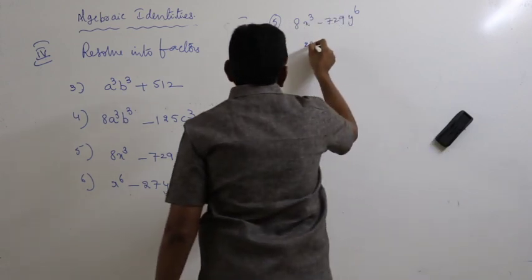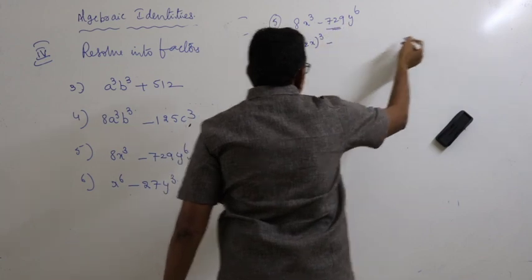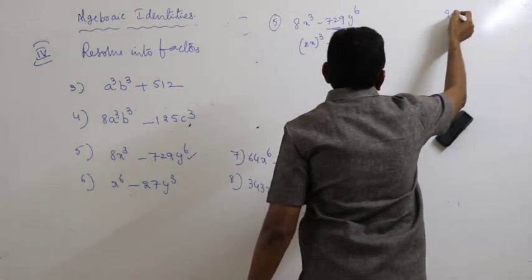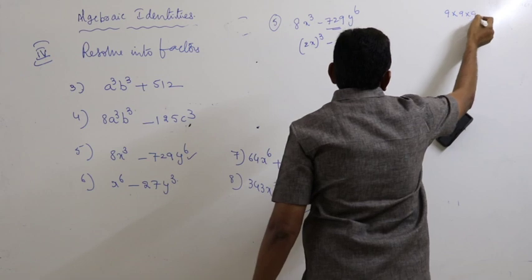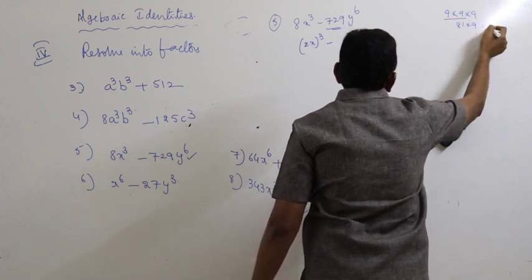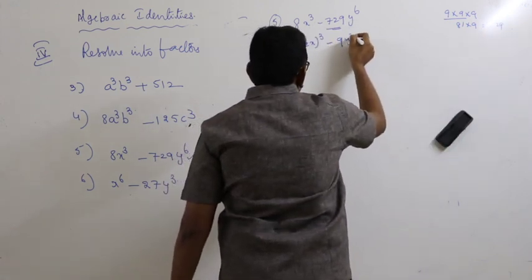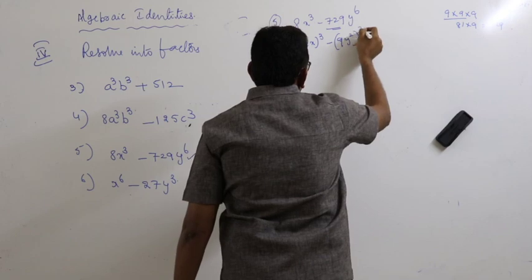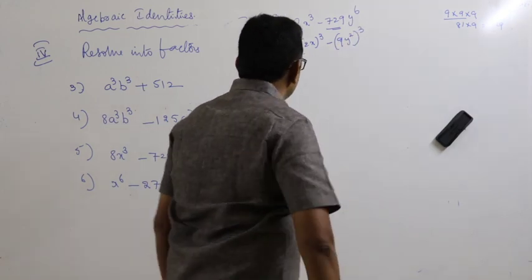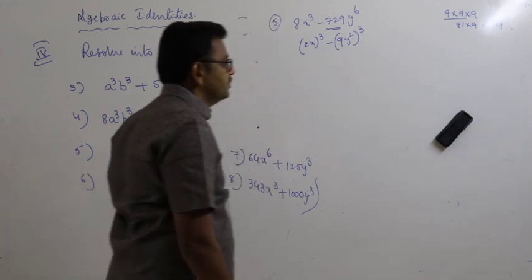This is 2x whole cube minus, 729 is 9 into 9 into 9, so this is 81 into 9, that is 729. So you write 9y square whole cube.